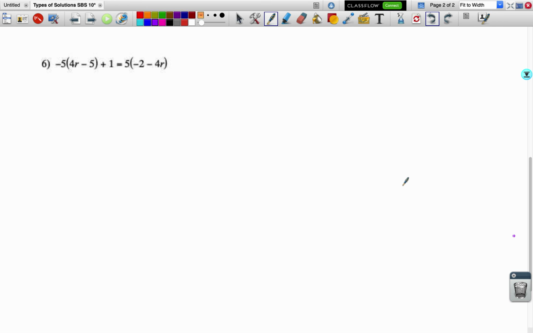All right, last one with number 6. I've got parentheses, so I got to distribute. All right, I've got like terms that I'm going to combine, the 25 and the 1.